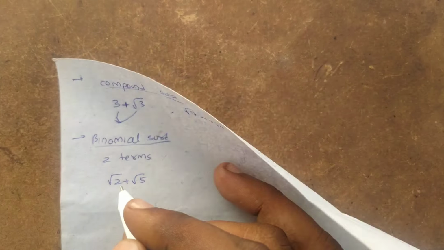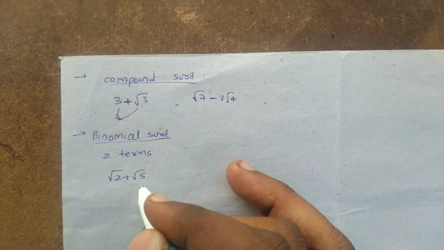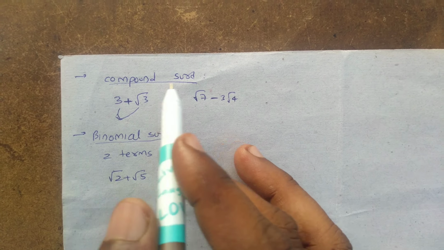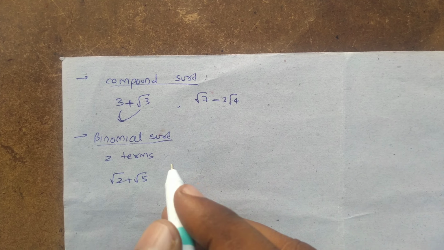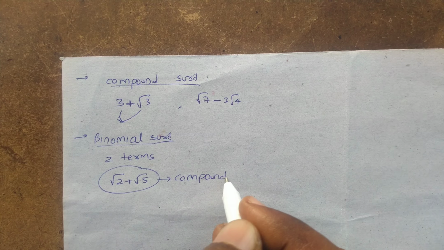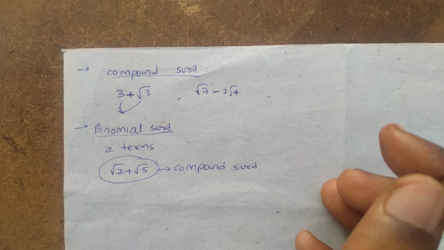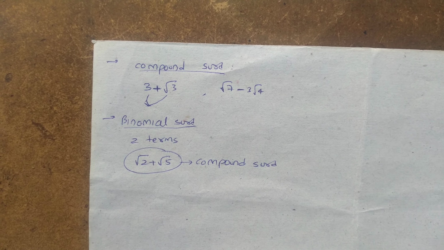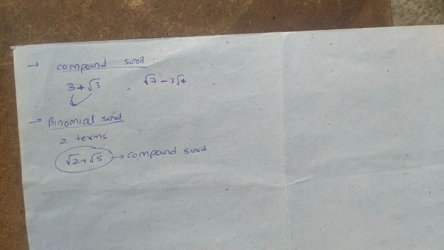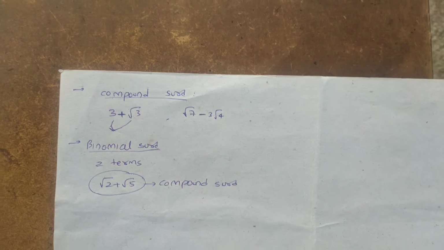This is a binomial surd because it contains 2 terms, right? Then should it also be called a compound surd? Yes, it is also called a compound surd. Clear? It is a binomial surd and it is a compound surd.